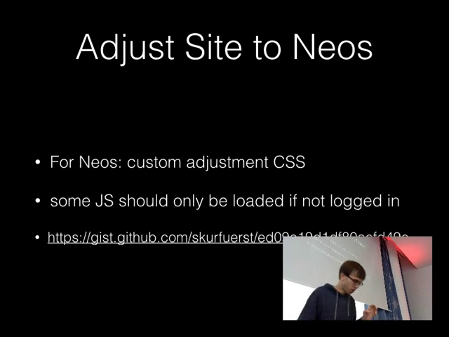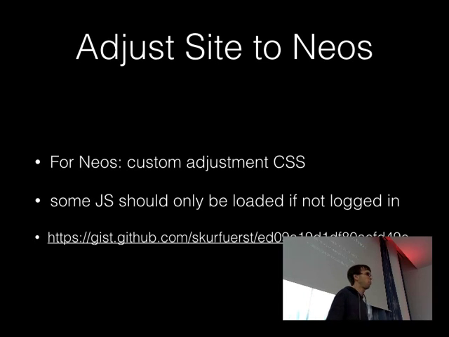For instance, if you have a mobile view, then you will probably have some CSS breakpoints which say, okay, starting at 200 pixels, I want to show the mobile view at 500 pixels. For Neos, of course, when you edit the website it's not just 200 or 500 pixels wide, but a lot wider than in the normal browser window. But still, you can provide a mobile preview if you take care of that.